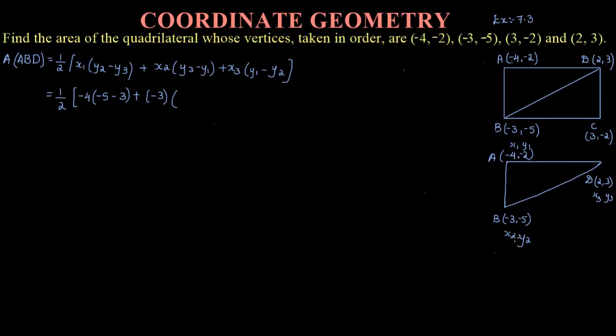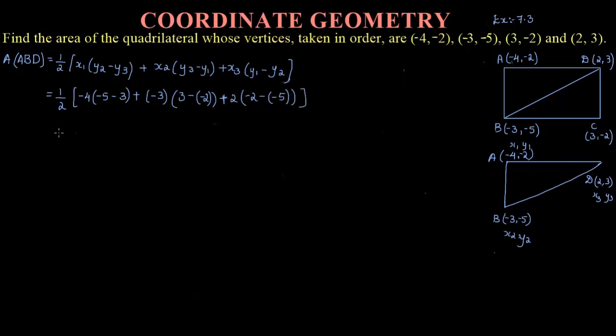So y3 is 3, minus y1, how much do you have? You have -2. Again you are having two signs together, so you have written that in bracket. So x3 value you can observe here, it is 2, into y1, how much do you have? You can observe here y1 is nothing but -2, right? Then minus y2, how much do you have? You can observe -5, right?